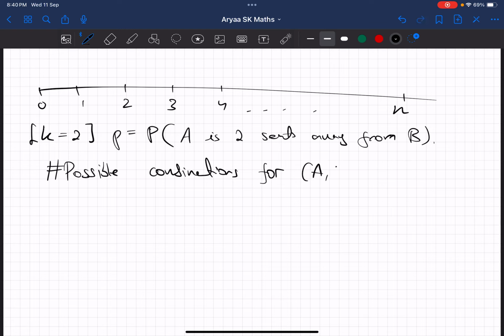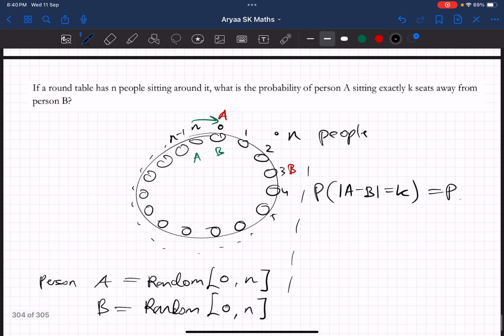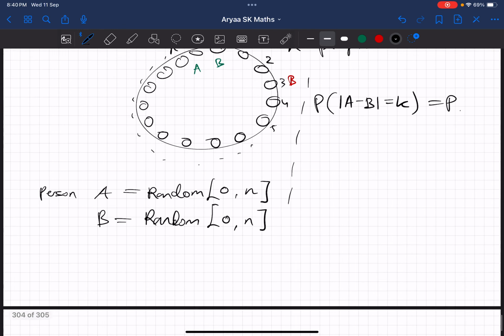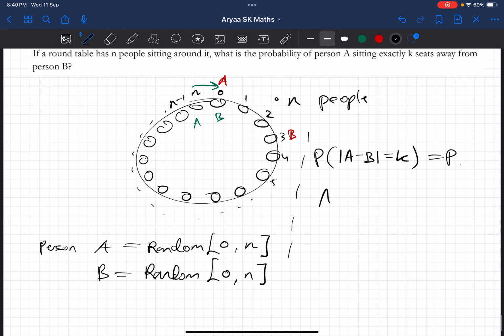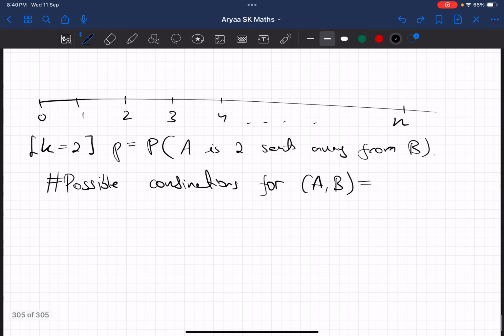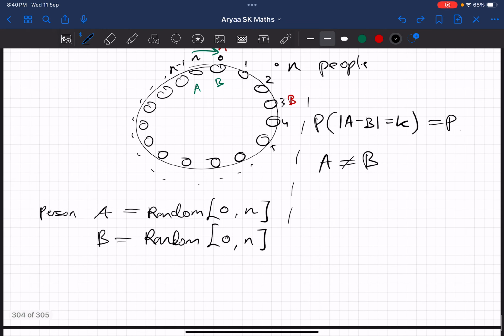So all of the possible combinations of A and B, well, does it say there's different probability of person A? Okay, so it's implied that A is not equal to B because there's people sitting around a table. You can't have more than one person sitting in a single seat. So we're told that A is not equal to B. I should put this in the conditions over here.